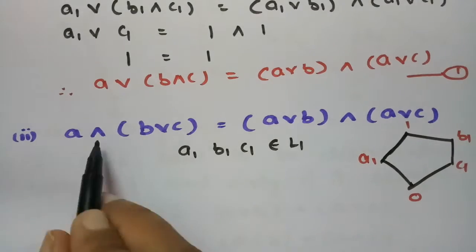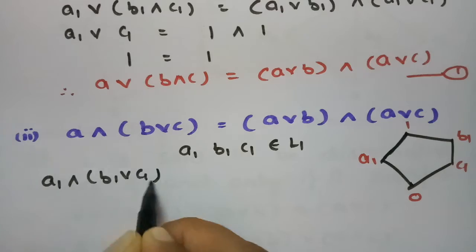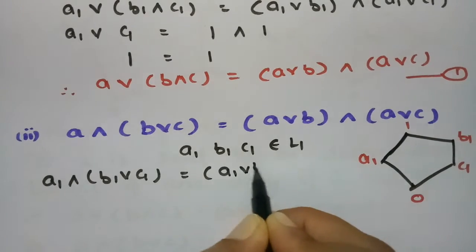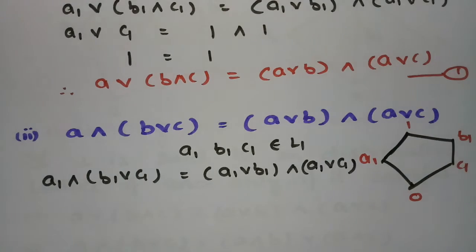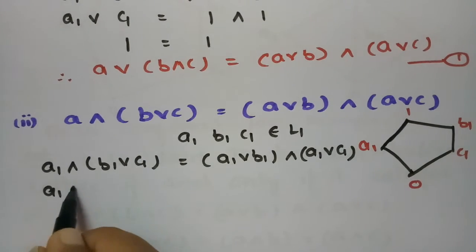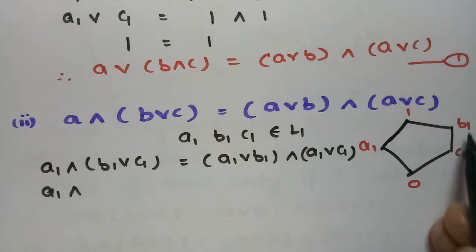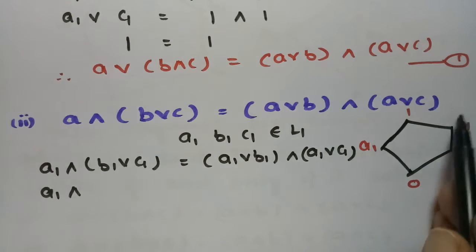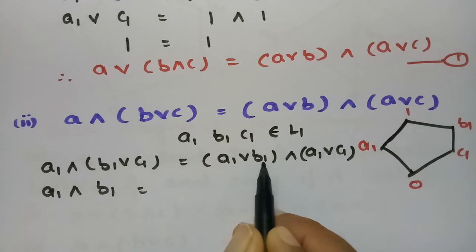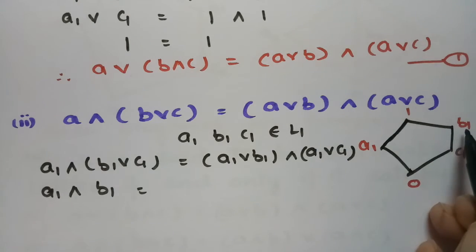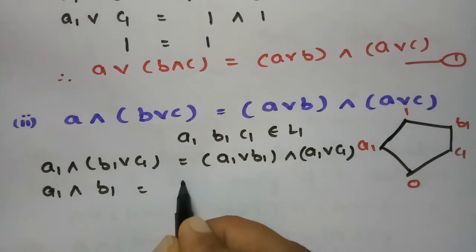Coming to this question, we have to apply A1 meet (B1 join C1) is equal to (A1 meet B1) join (A1 meet C1). So A1 meet (B1 join C1). B1 join C1: among these two, the least upper bound here is B1. So this is B1. Is it equal to A1 join B1? Among these two, the least upper bound, they meet at a point 1.